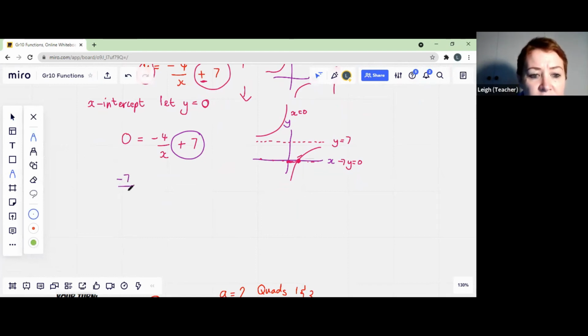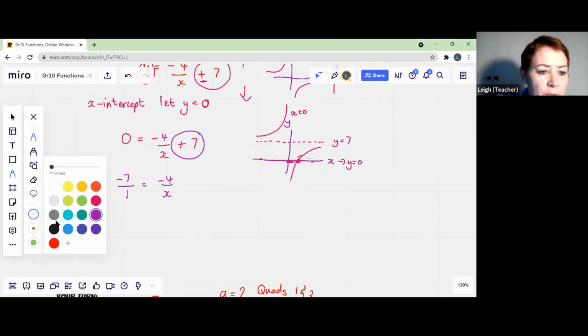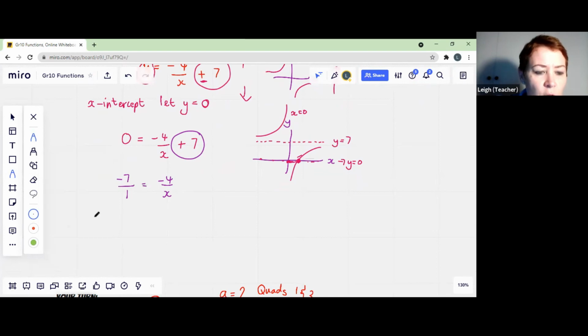That means negative 7 over 1 equals negative 4 over x. Remember, we were talking about cross multiplying. This is where you're going to use that method of cross multiplying to solve for x. So you are going to cross multiply the one at the bottom with the one at the top, and the other one at the bottom with the other one at the top.